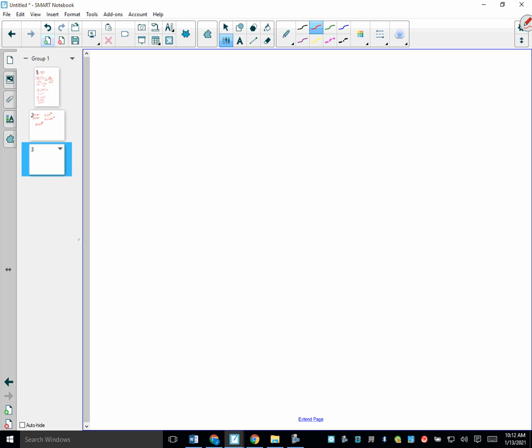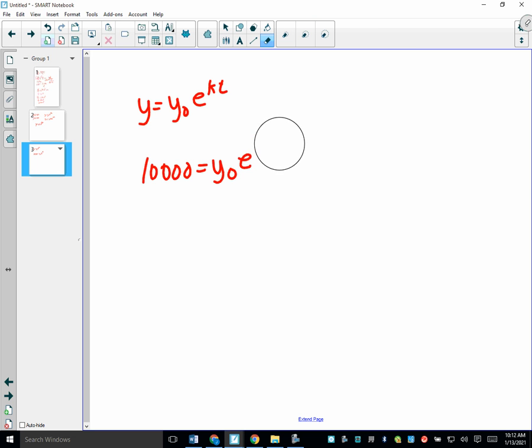I'm using this formula, y equals y sub o e to the kt. On 24, if I have 10,000 after 3 years, does 10,000 equal y sub o e to the 3k?